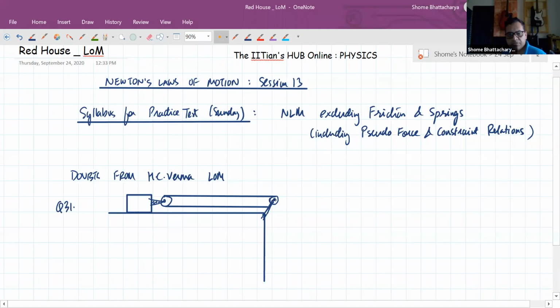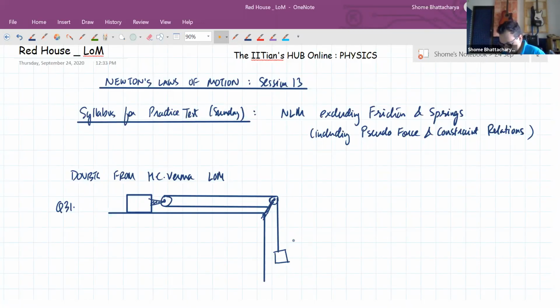So this is a fixed point where this thread is attached, whereas this end is like this. Okay. So this one is having mass m and this one is having mass 2m, and the pulleys are both massless.